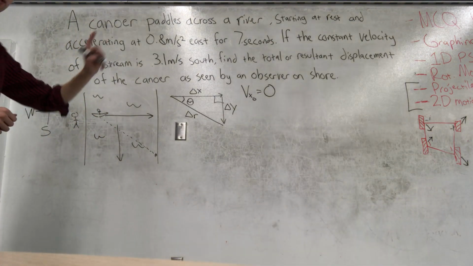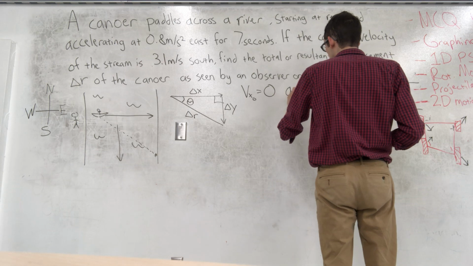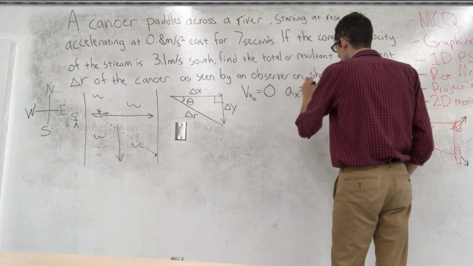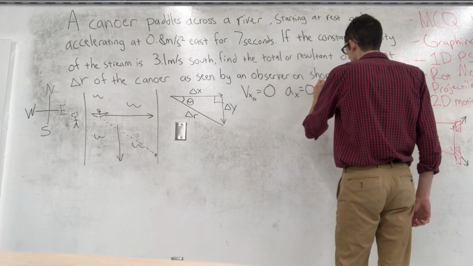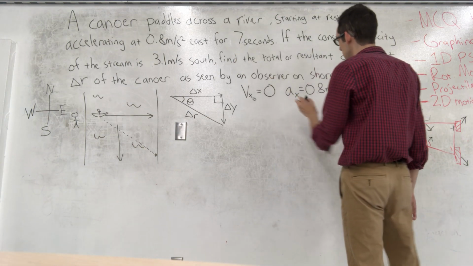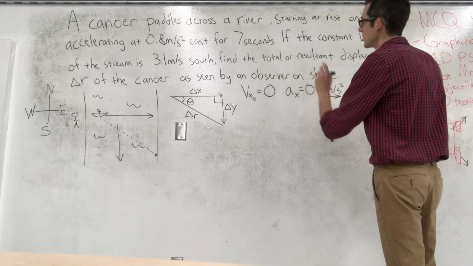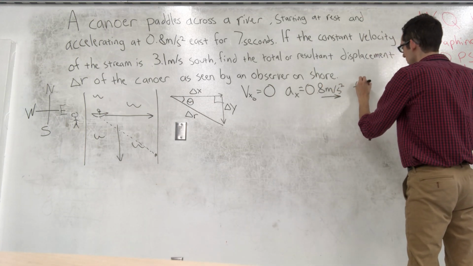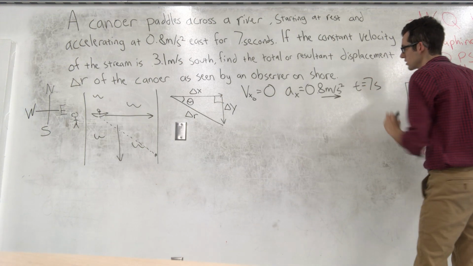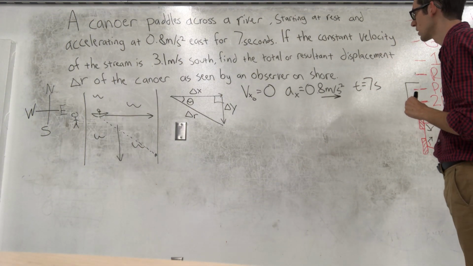Next, we are told they accelerate in the x direction, so our a subscript x is equal to 0.8 meters per second squared. And this is east, which in our case is to the right. The time this takes is 7 seconds. So we know that our time in this problem will be 7 seconds as the canoer paddles across the river.